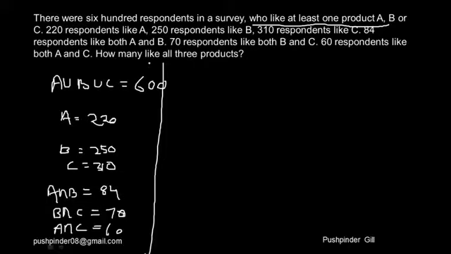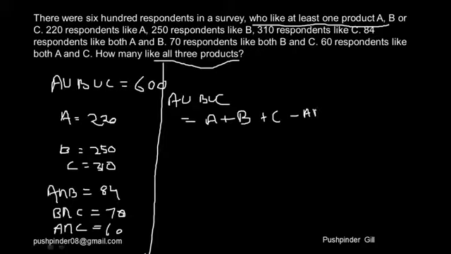Now what is he asking us? He's asking us the value of E, the main guy, A intersection B intersection C. Now if you remember this expression from the previous part of the video, you would be able to solve this question pretty easily.